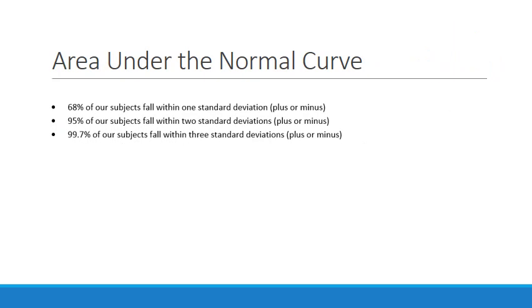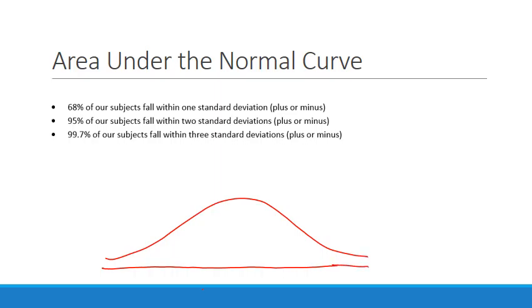Area under the normal curve. And once again, here's my normal curve. Well, that's a decent attempt at one. In the middle here is always our average, okay? So 68% of our subjects fall within one standard deviation of this average.